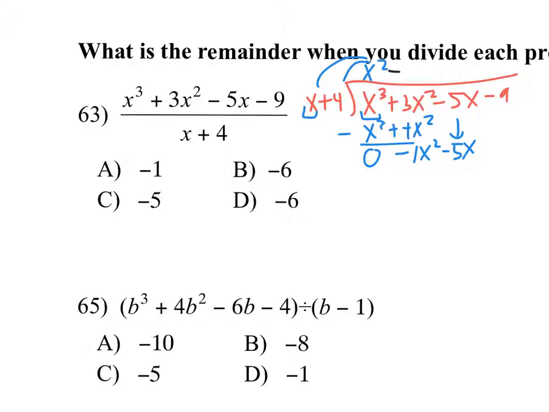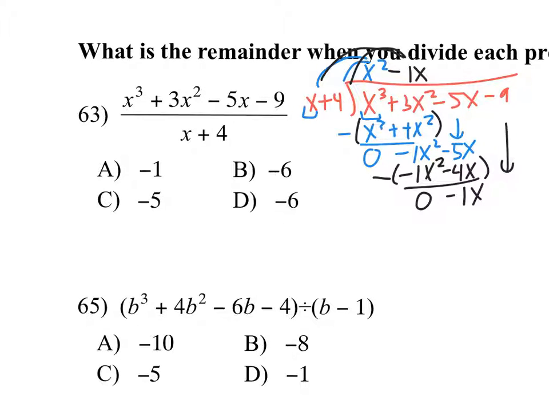Okay, minus 1x. When I distribute that down, we're going to have minus 1x squared and minus 4x. When I subtract those, I got 0 and -5 minus -4 is minus 1x. Bring down the minus 9.